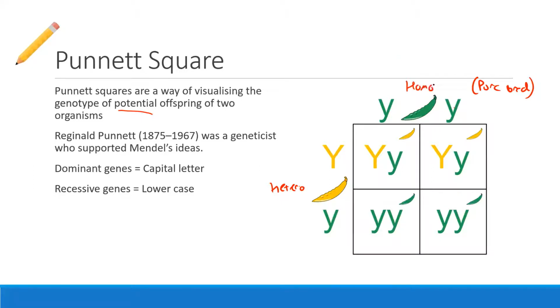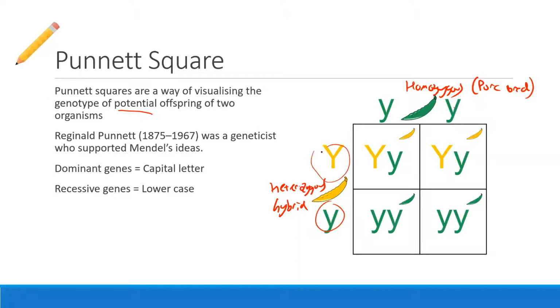Homozygous, whereas this is heterozygous, which means it's a hybrid. I can tell this is a hybrid because it's got a capital Y and a lowercase y, which means it's got a dominant gene and a recessive gene.